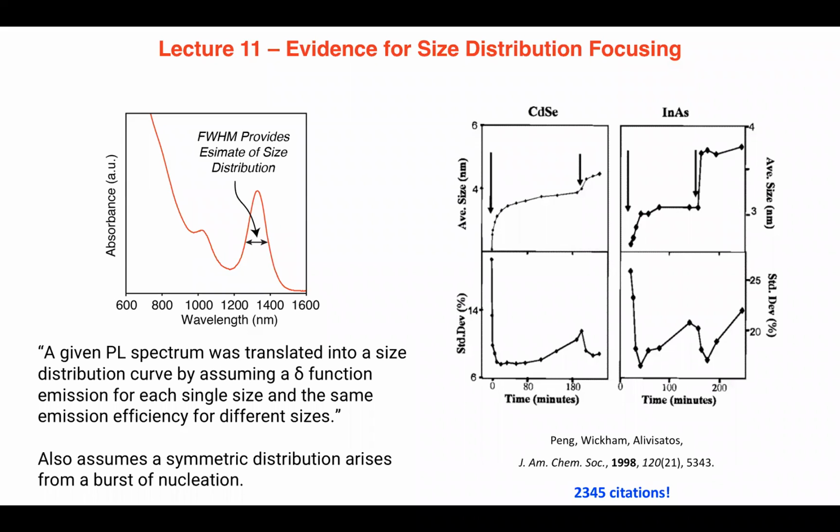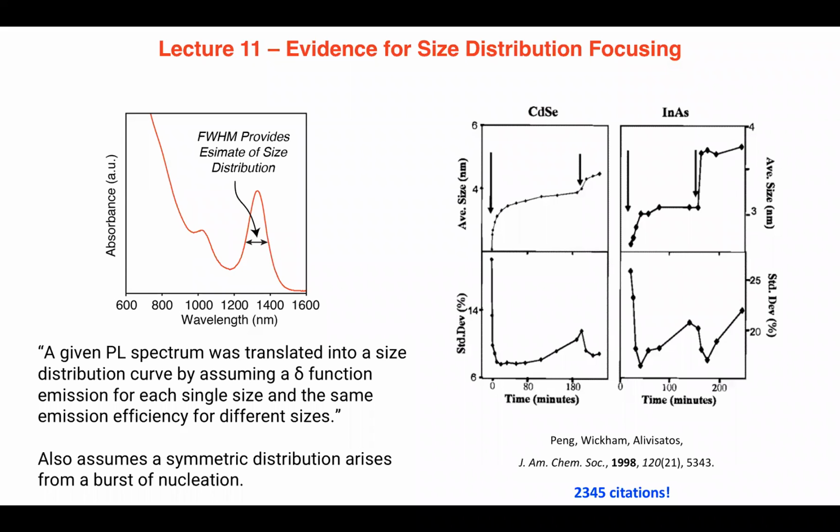And it's all about standard deviation here. This is the particle size distribution in 2 different experiments for cadmium selenide and indium arsenide. And what they note in this paper is that the distribution drops. Okay, it's narrowing as the particles are growing, and that narrowing is particle size distribution narrowing, or size focusing.